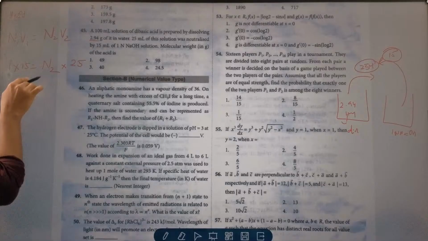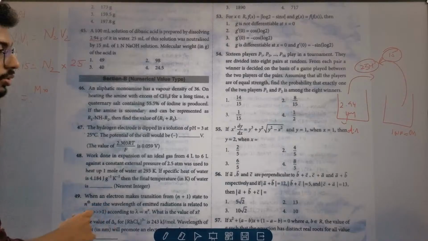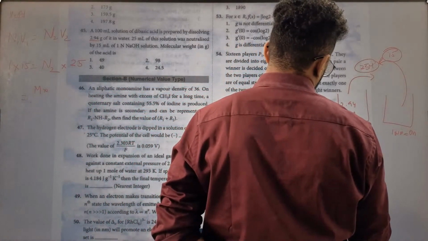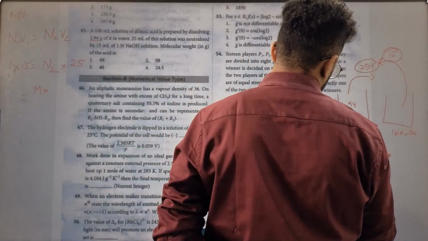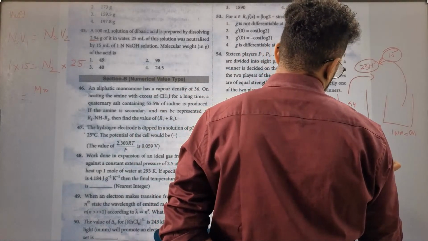For N2, say for example, normality is number of moles, that is mass divided by equivalent mass into volume.